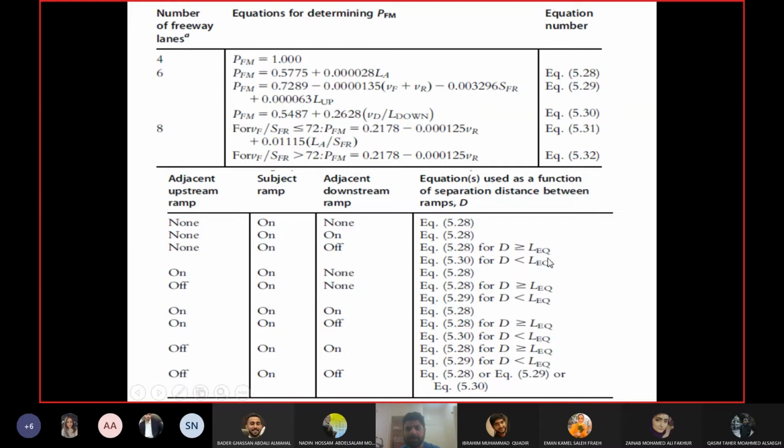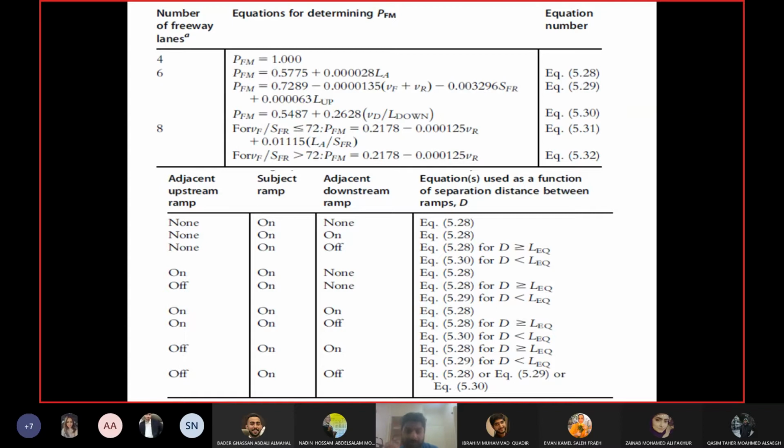Now what is this LEQ? LEQ is the critical distance at which your freeway segment is affected by the downstream or upstream ramp. The distance up to which a downstream or upstream ramp can affect your segment is LEQ.